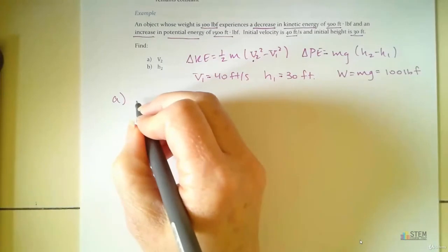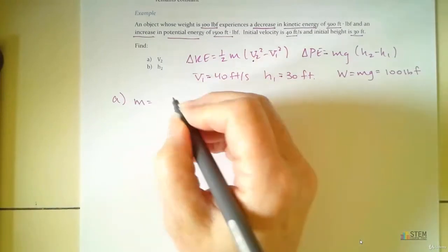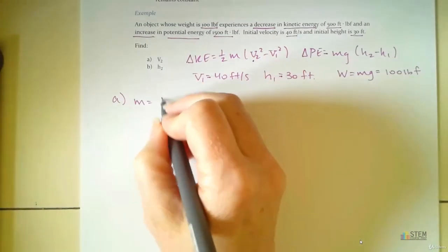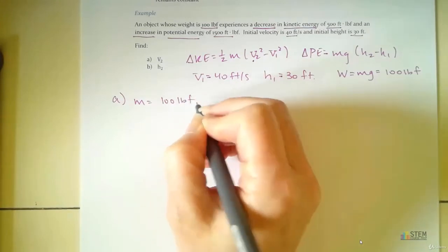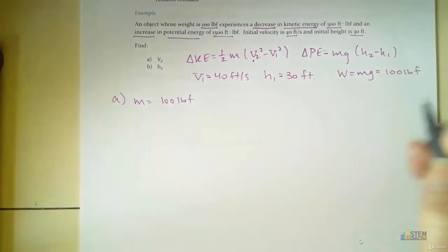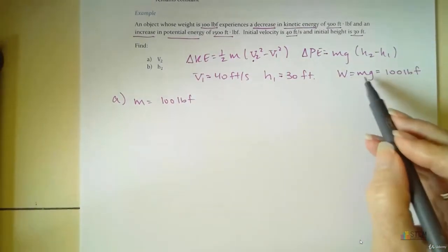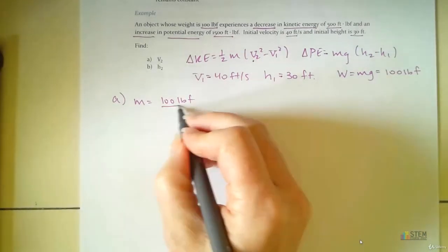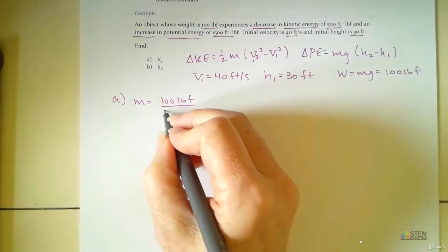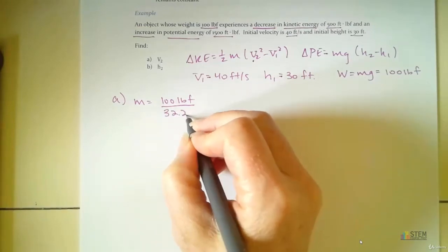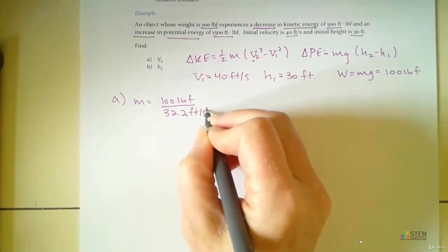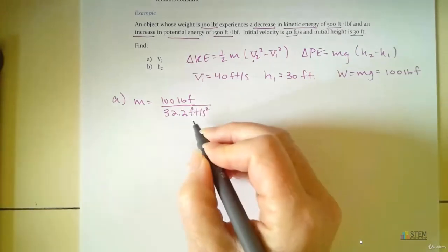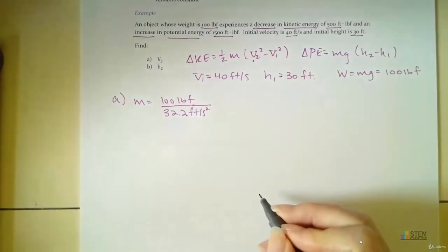So this will be for part A. So to get that, we're going to have 100 pound force. And if you look at this, weight is mass times gravity. Okay, so you might think you'll just take this weight and divide by gravity. Remember, gravity in the English system is 32.2 feet per second squared.